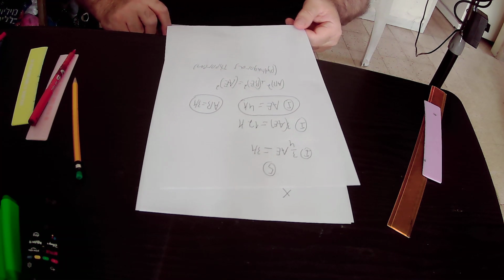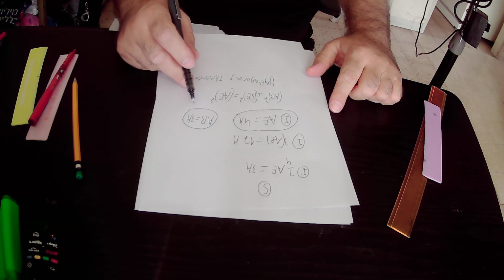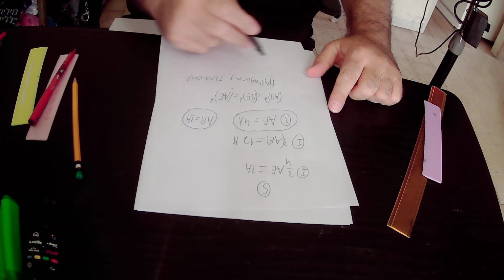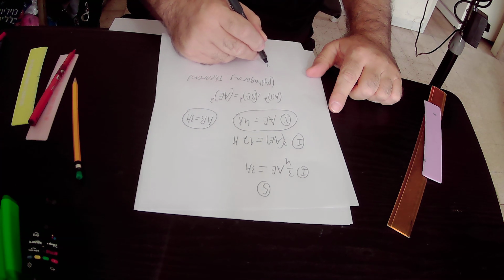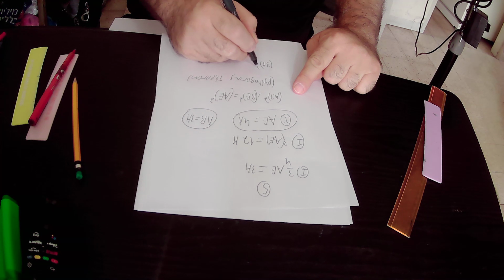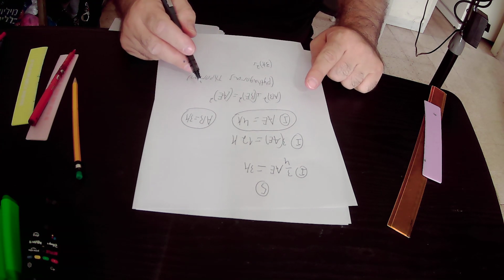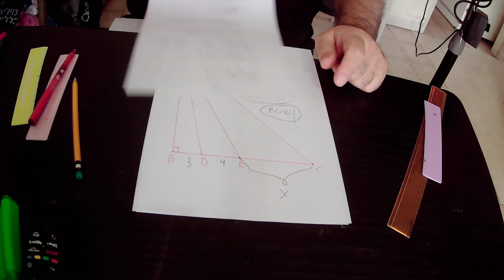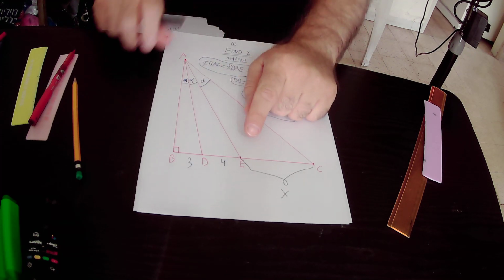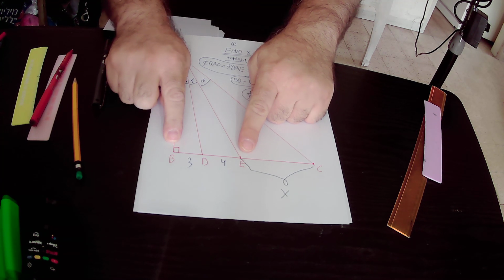But what is the value of AB? AB equals 3k, according to our definition. So we'll substitute AB by 3k. It is 3k square plus BE square. What is the value of BE? BE equals 3 plus 4, that is to say 7.